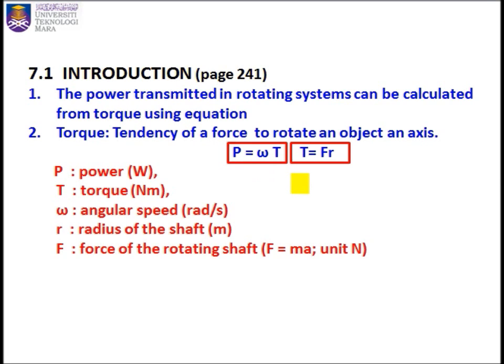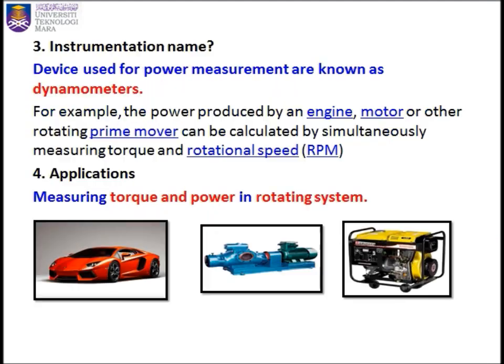Be careful with the units. The unit for torque is Newton meter, the unit for power is watt, and the radius should be in meter. The same goes for angular speed, which is in radians per second.